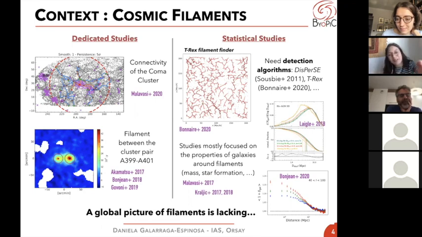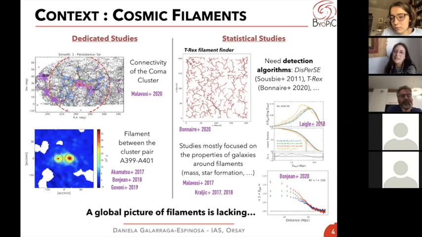So, to answer your question, T-Rex is a method that does not want to have free parameters, and basically it fits a probabilistic model to the galaxy distribution, and then it builds a graph, and the filaments are defined as the edges of the ridges of this graph.